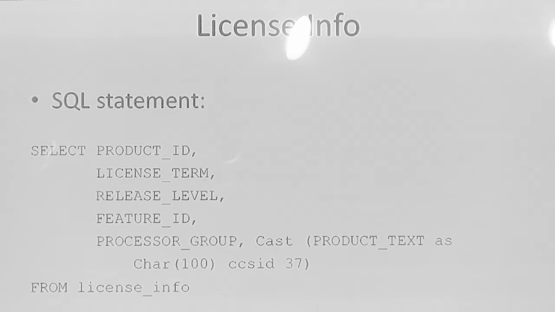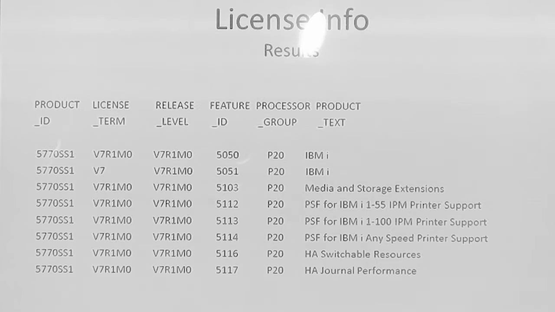That's a sample of the information you get. You get the product ID, the license term, the release level, feature ID, processor group, and I just brought the text in. There's 4 or 5 times more information, which may be more useful to somebody looking for licensing, but I just use this as an example.